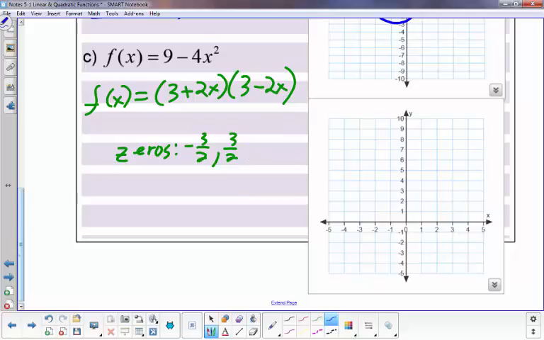When we graph this, negative 1.5 and positive 1.5, and you actually know your y-intercept real quickly: it is 9. So it does something like this, pretty straight up and down, pretty quickly. That stretch factor of 4 does carry a bit.